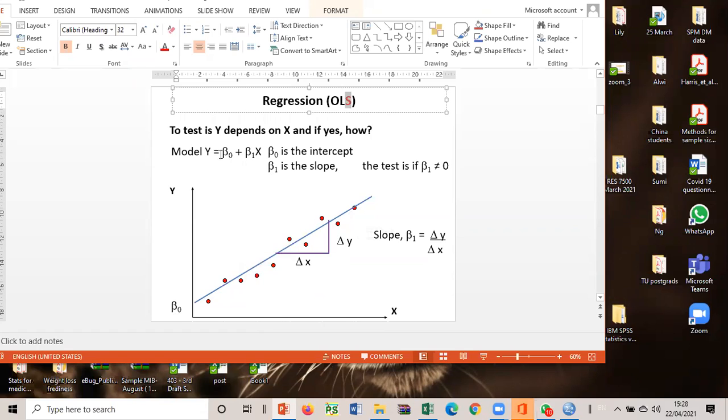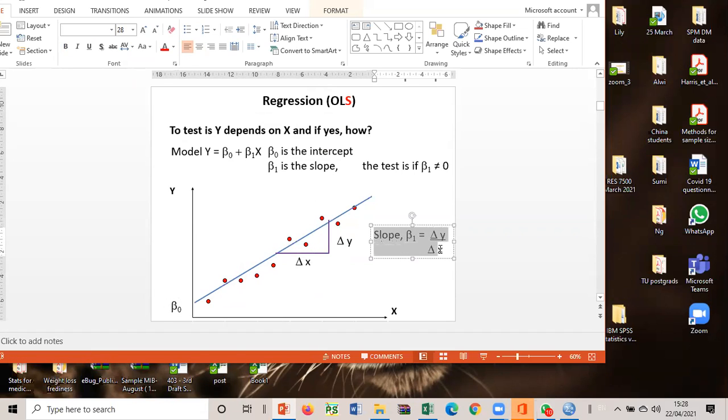Basically, you want to know the line y equals b0 plus b1 x. The b0 is where it cuts the y-axis. b1 is the slope: when x increases by 1 unit, how much y changes. So we call it the slope, and we are actually interested in the slope.